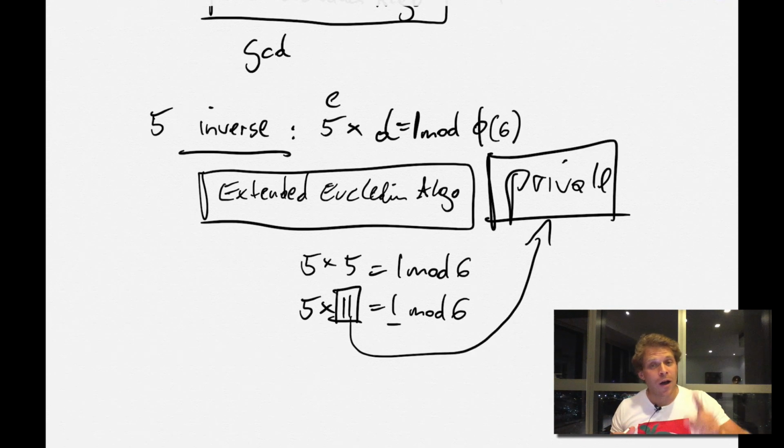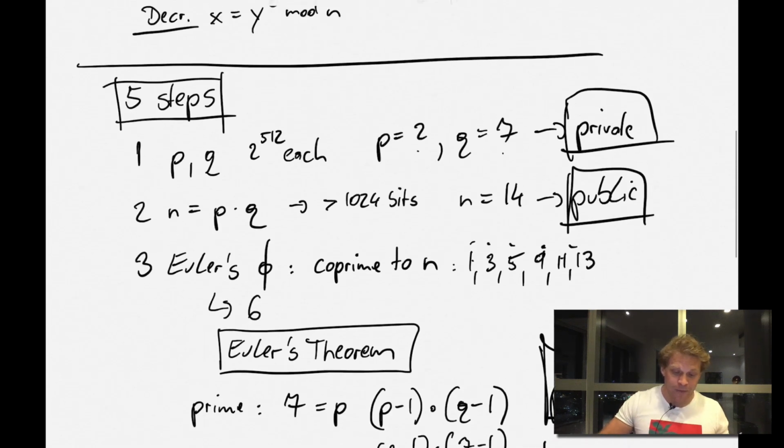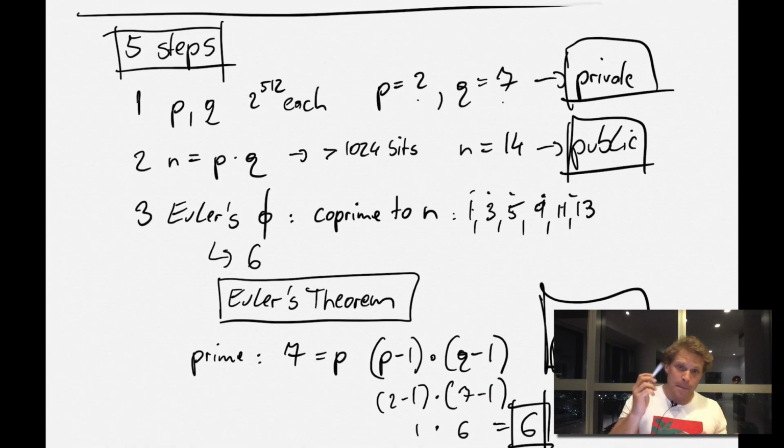And this is how all the magic is happening in RSA. It's 5 super simple steps. Pick P and Q, large prime numbers, they stay private. Multiply them together, this is N, this is public. You can give this out because you cannot go from N back to P and Q if they are large enough.